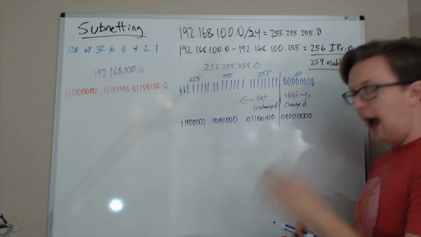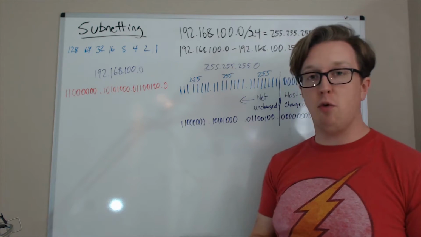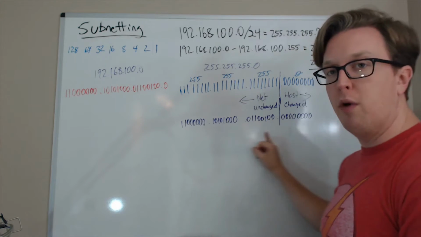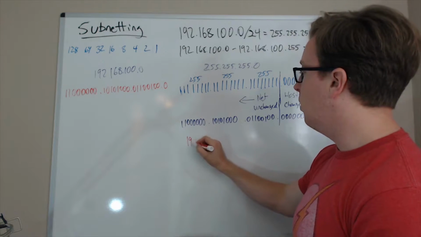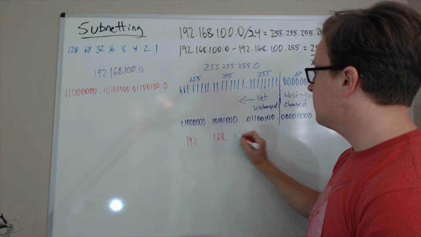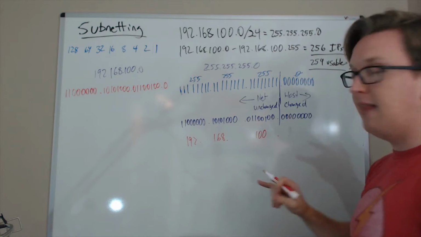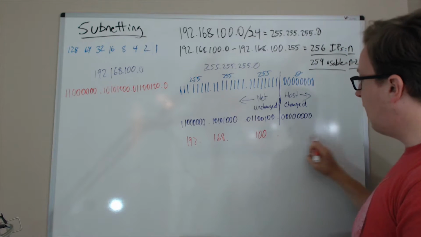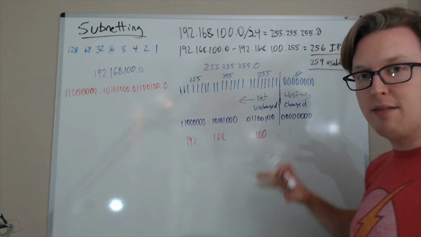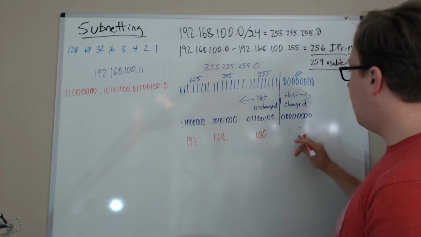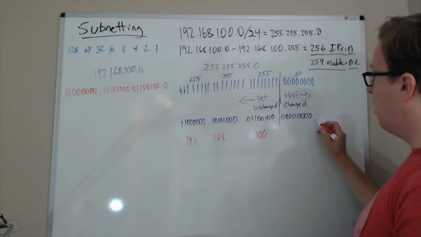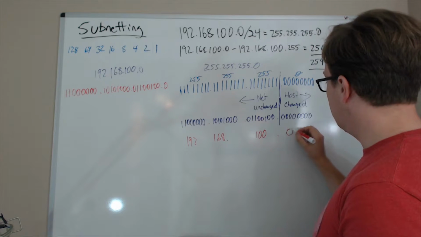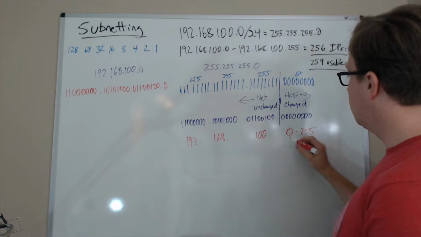So in the IP address for a system, this part of the address is always going to stay the same. You're always going to have 192.168.100 on that network. The rest of this is going to be able to change from host to host, so you can have everything from 0 all the way through 255.